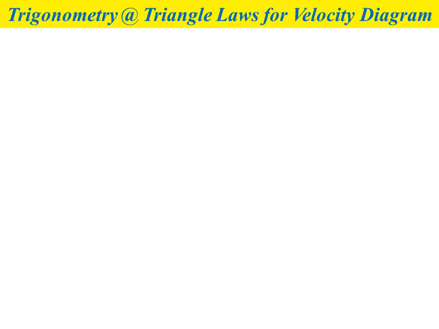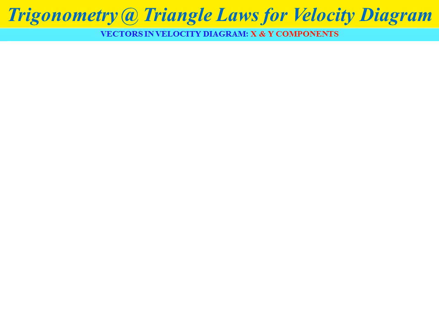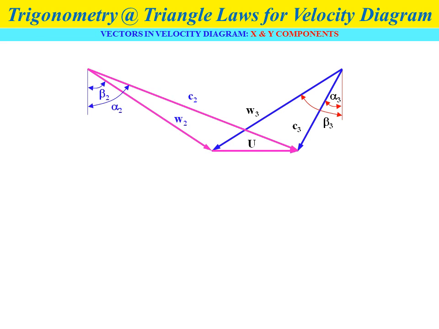Trigonometry or triangle law for velocity diagram. As we know, all vectors involved in the velocity diagram will have x direction and y direction components. The figure shows the combination of the velocity diagram at the rotor inlet, condition number 2, and the velocity diagram at the rotor outlet, condition number 3. Each vector in both velocity diagrams will have x direction and y direction component vectors.